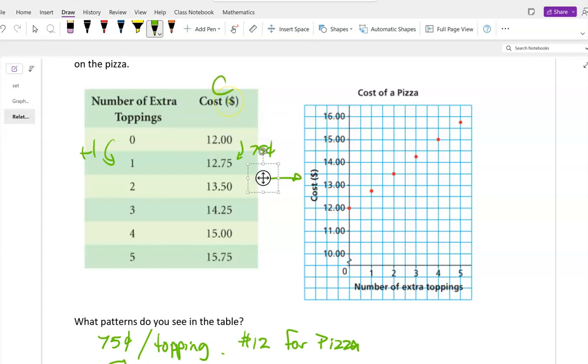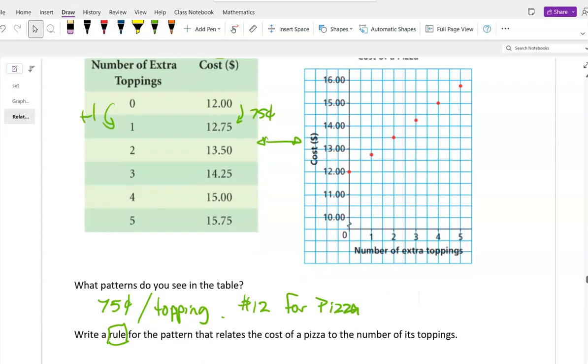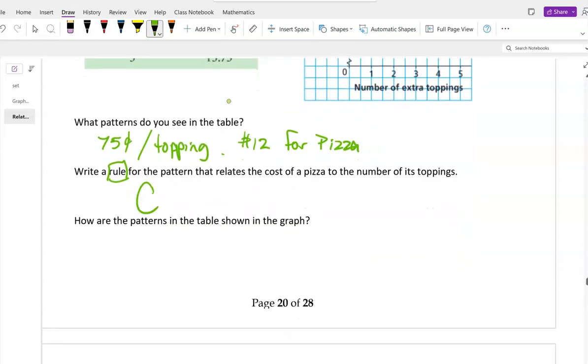How about if I write cost and number of toppings? Okay, so the cost, let's write it in function notation, would be $12 plus 75 cents for every topping. Okay? Hope that makes sense.